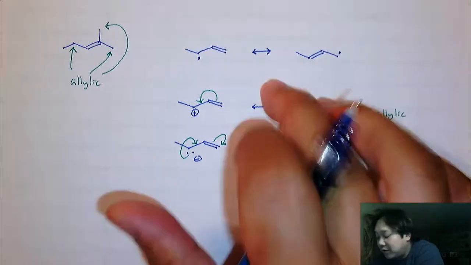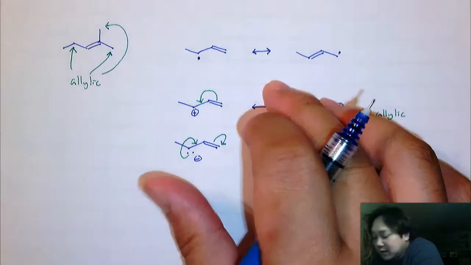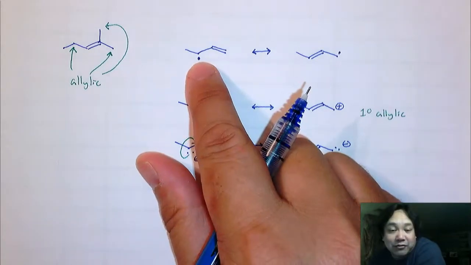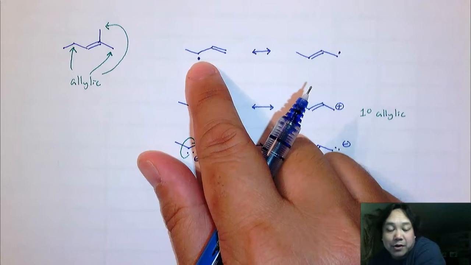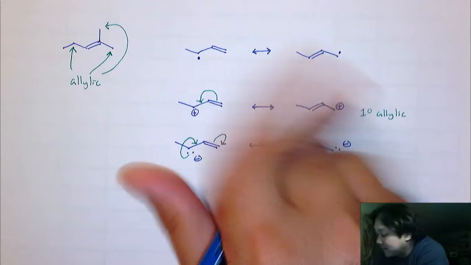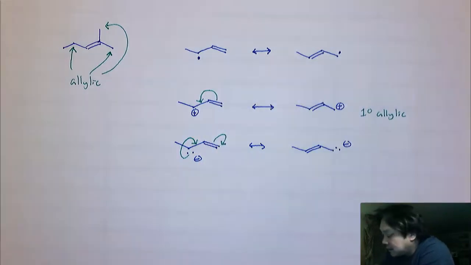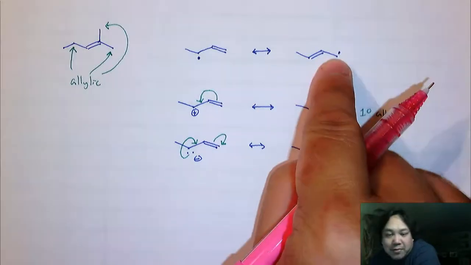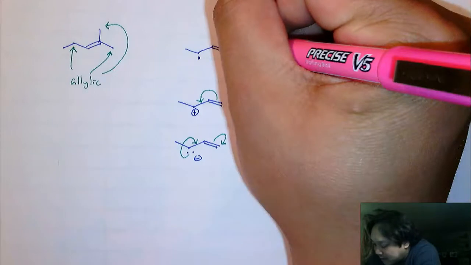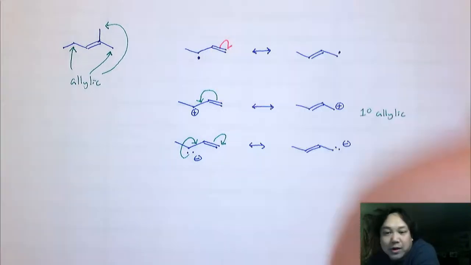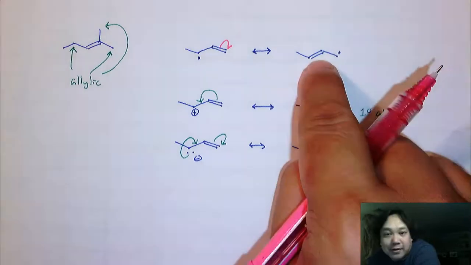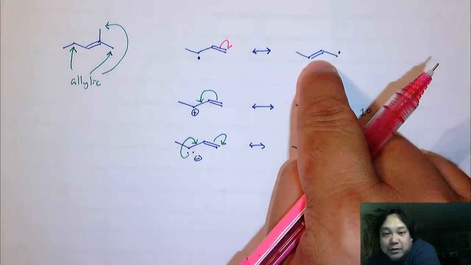Now, could you draw the mechanism arrows? Don't forget, this is an unpaired electron. We're only moving 1 electron at a time. Therefore, we're going to use fish hooks. Okay, I'll do this in pink. You know that unpaired electron at the very end came from a pi bond, so we'll just put 1 of the electrons of the pi bond there. But we also made a double bond in between the 2 middle carbons.